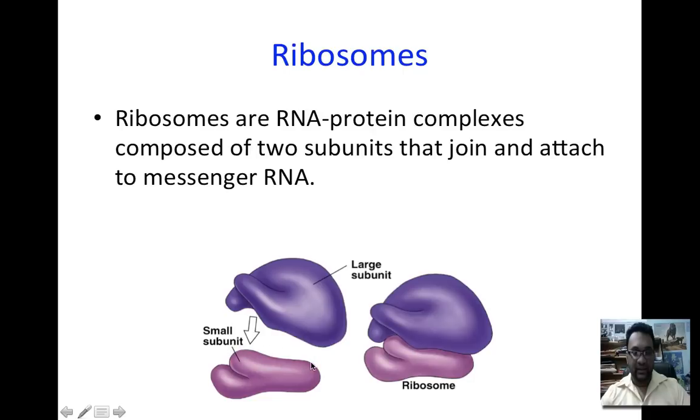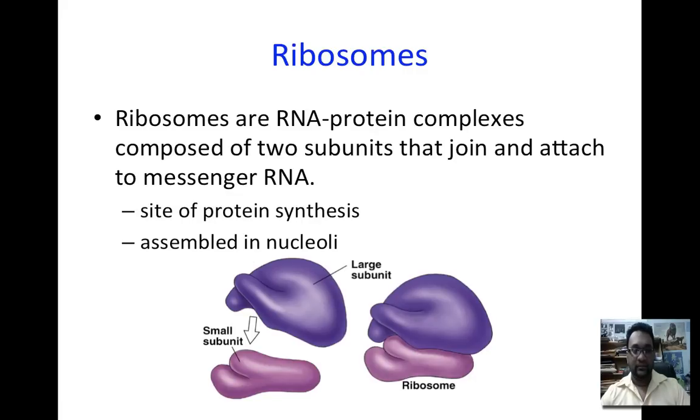The mRNA will bind the small subunit during protein synthesis. All right, so the ribosomes are the site of protein synthesis. And as we said before, ribosomes are made in the nucleoli. And the nucleolus is found inside of the nucleus.